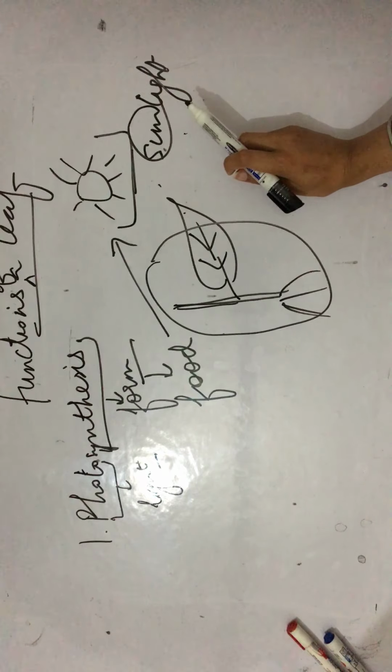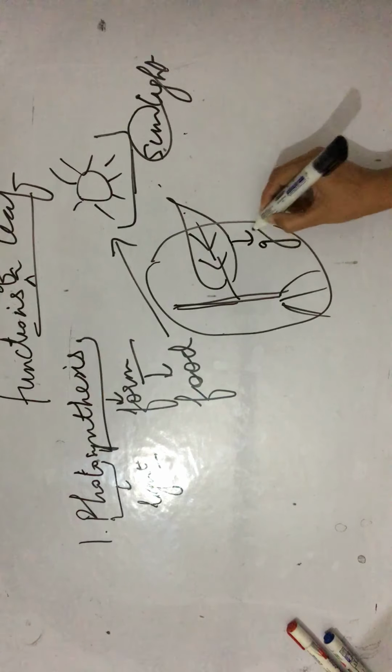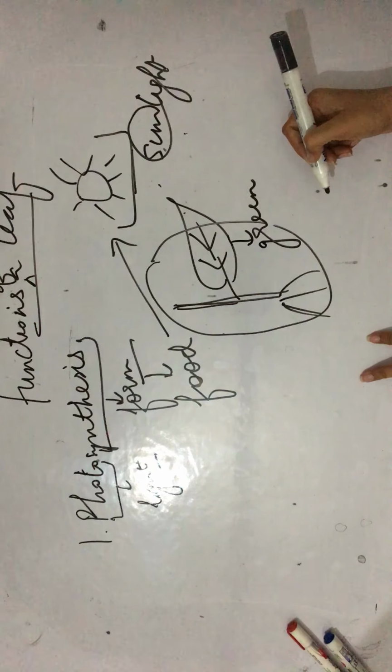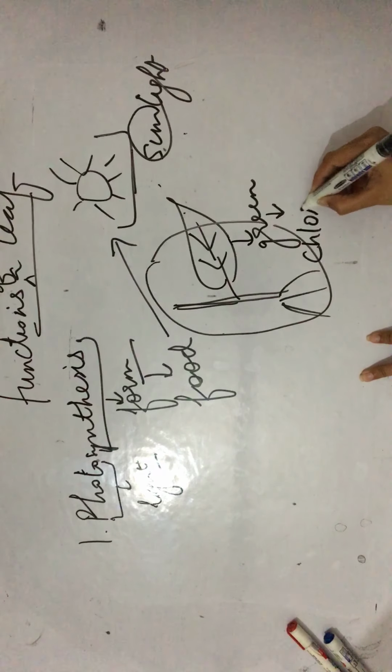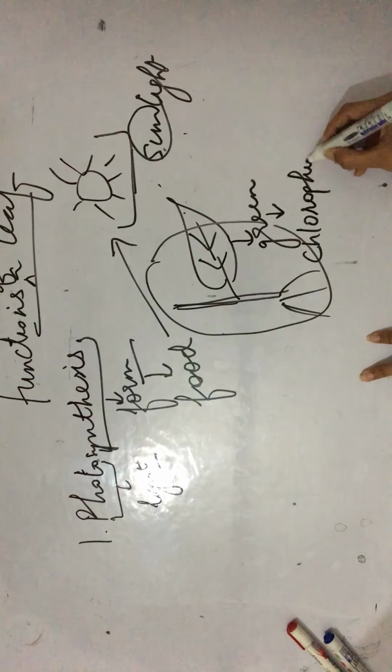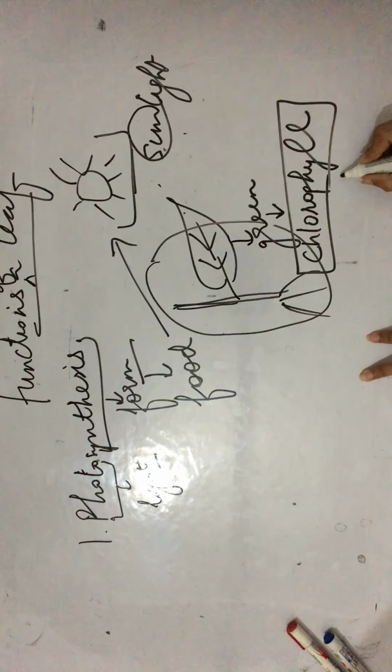It is in this manner that, as we discussed in our previous lecture, the plant has leaves, and leaves are of which color? Green. And why are leaves green? Because they have a pigment in them, and the name of the pigment is chlorophyll. Remember, green pigment, chlorophyll.